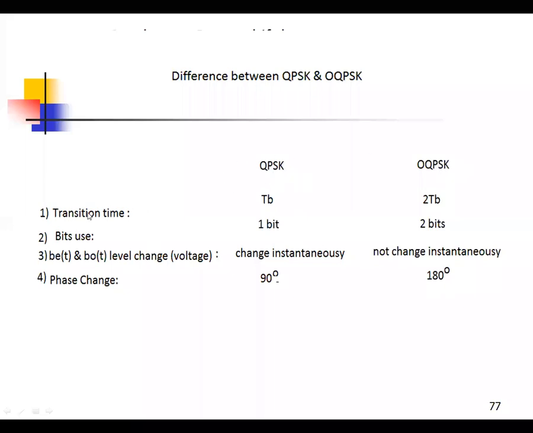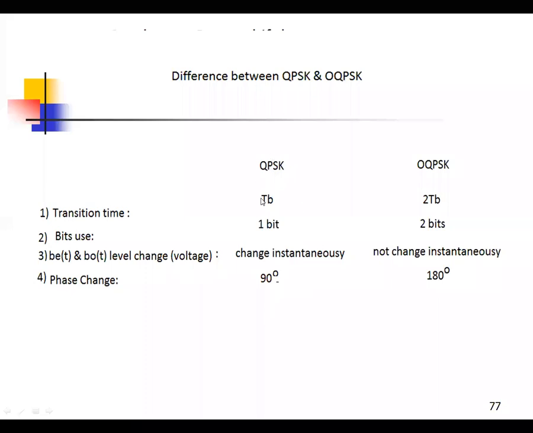The non-offset QPSK transition time is TB, bit usage is 1 bit, level change is instantaneous, and phase change is 90 degrees. That is non-offset QPSK or the staggered QPSK.